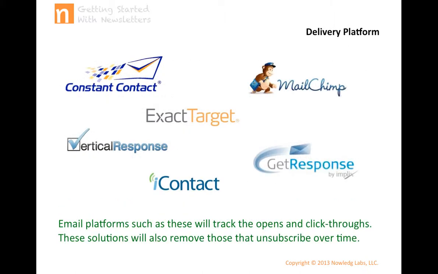Here are some companies that offer newsletter platforms. Some of these are pretty obvious to you. If you've taken the email marketing course, you'll notice that some of these companies also do email marketing, like Constant Contact or MailChimp or iContact. Make sure that you have people opt in on your inaugural issue.